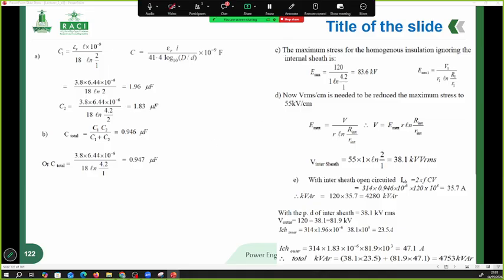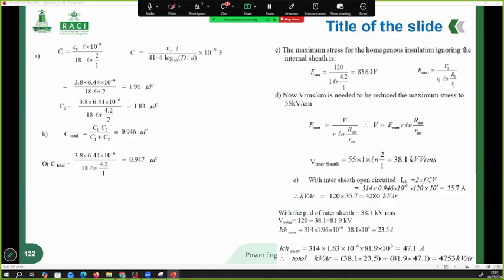So part C focuses on evaluating and controlling the maximum electric stress in a cable with homogeneous insulation, while initially neglecting the effect of the internal sheets.